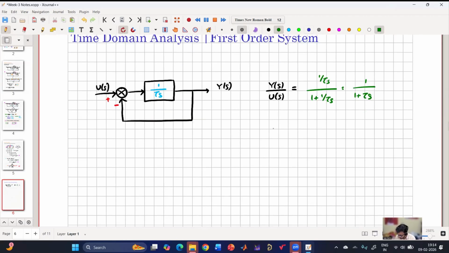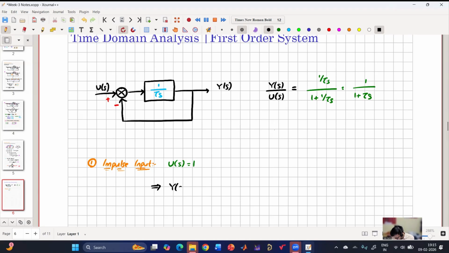So now let us consider two inputs. First input is impulse input, which means my u of s is 1, right? Laplace transform of impulse input is 1. We have studied, right? Yes, sir.